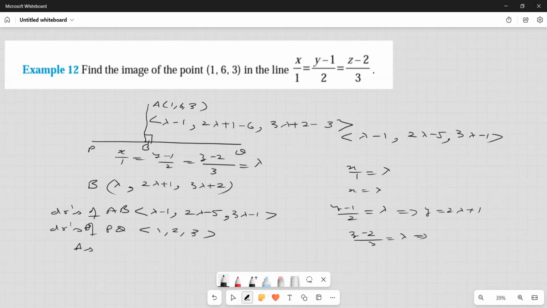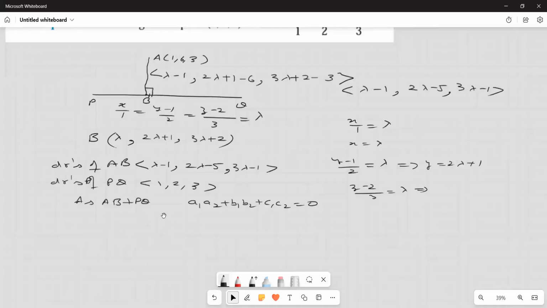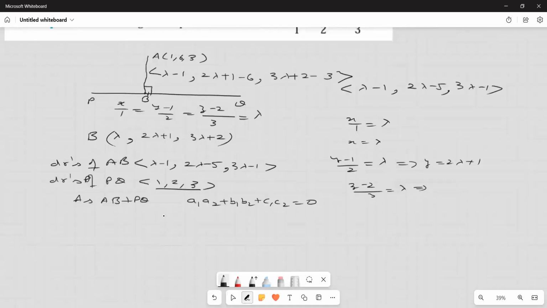As AB is perpendicular to PQ, the condition is a1a2 plus b1b2 plus c1c2 equal to 0. Apply that here: this is a1, b1, c1 and that is a2, b2, c2. So 1 into lambda minus 1 plus 2 into 2 lambda minus 5 plus 3 into 3 lambda minus 1.